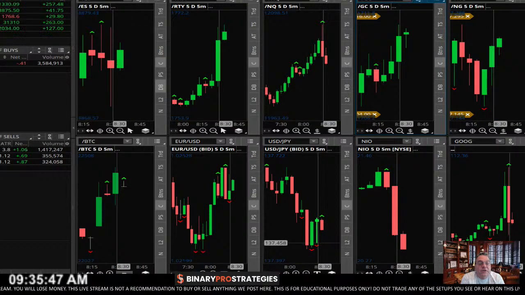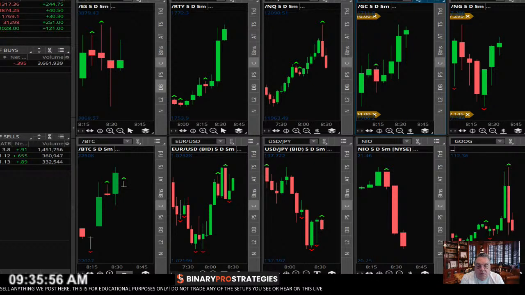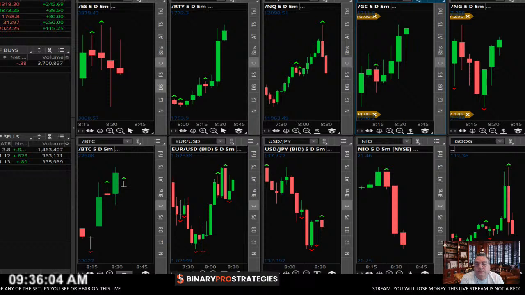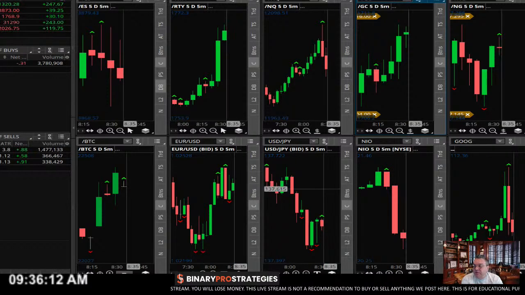Do like those doubles, particularly on the shorts. All right, 137.53 short, US yen.